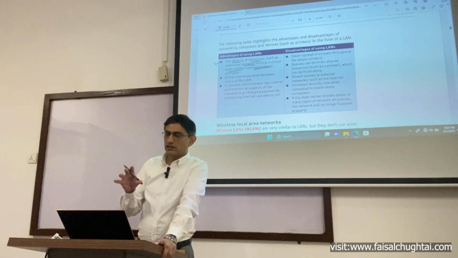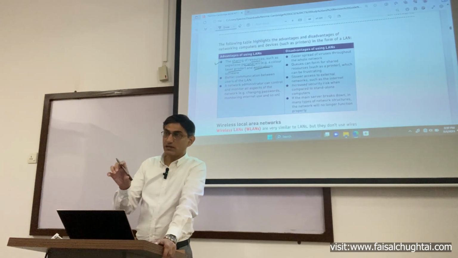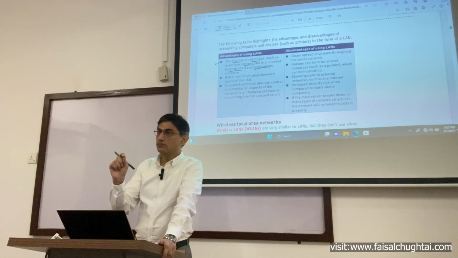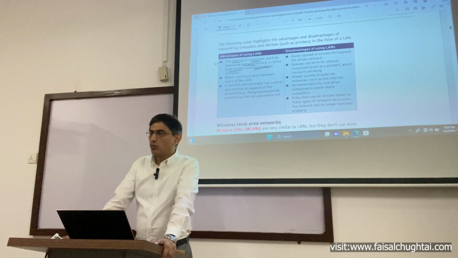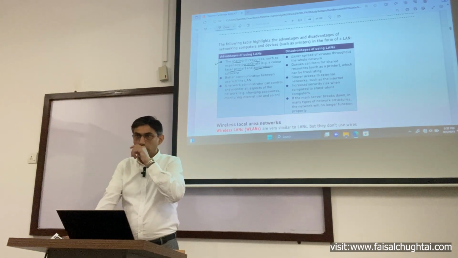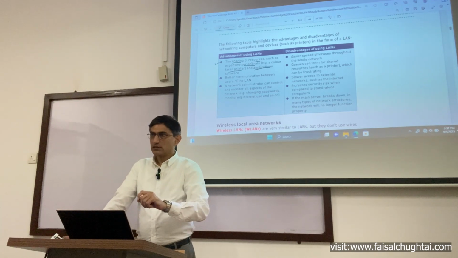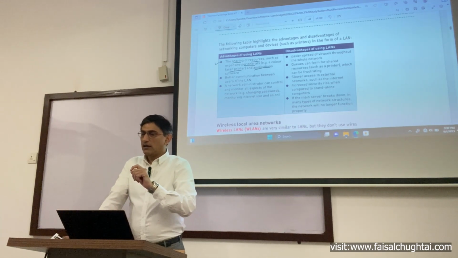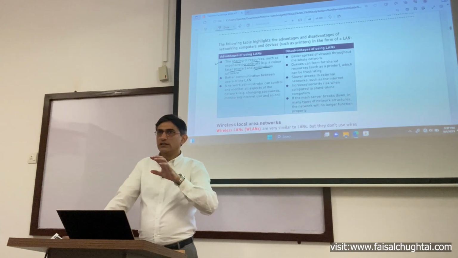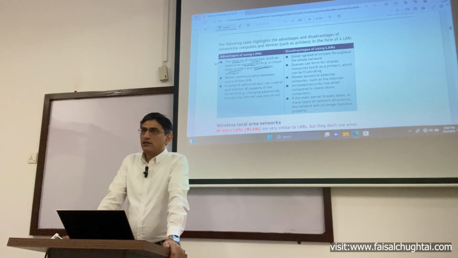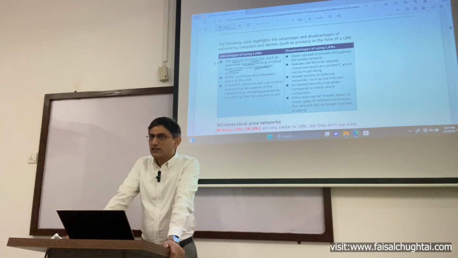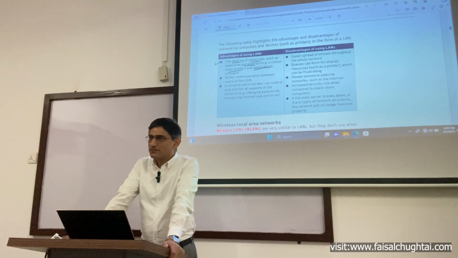But here it says sharing of resources such as expensive peripherals, for example, printers. Now, what kind of a use is this pointing out? Well, have you noticed that in a computer lab, you would find many computers, but you would find probably only one or two printers.